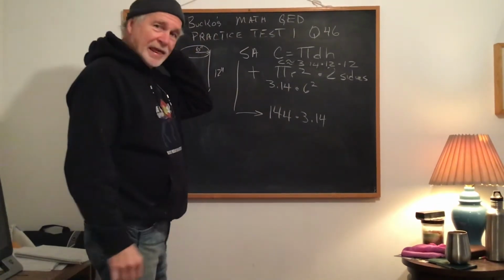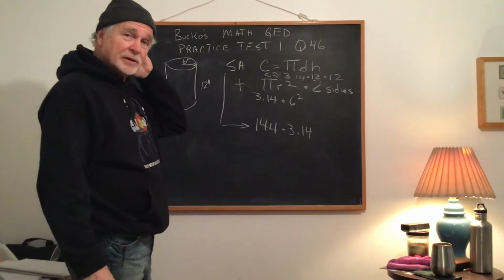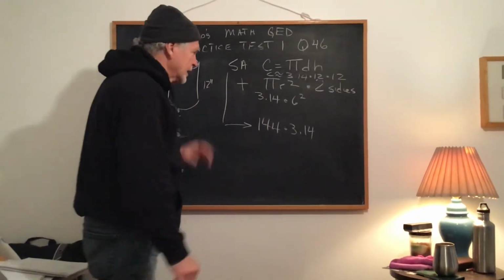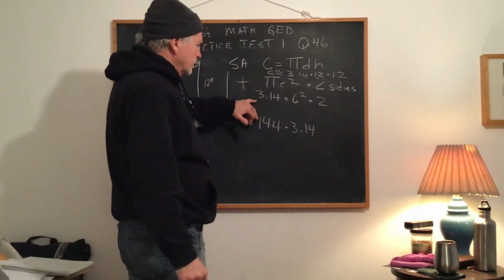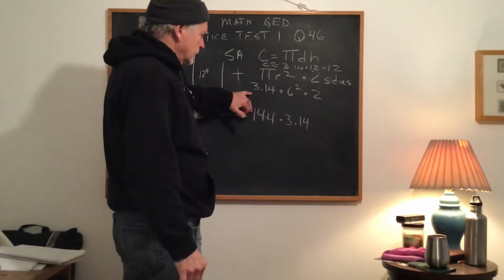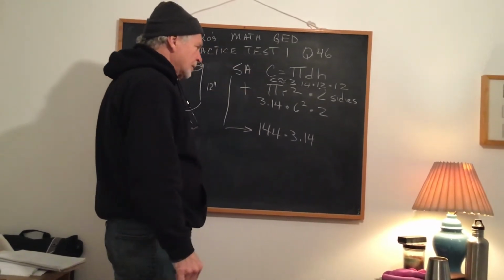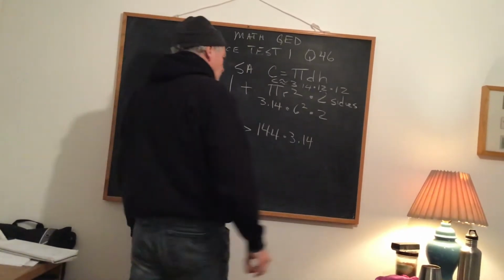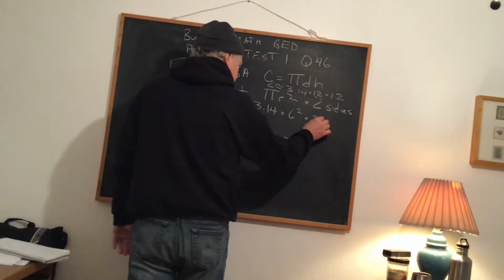Now we got to multiply that by 2, because there are how many sides here? Top and the bottom, which would be 2 sides. So we got to do this part and do this part, and then add them up. So this 6 squared is going to be 36, times 2 will be 72.